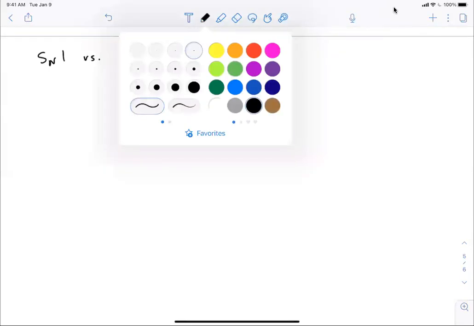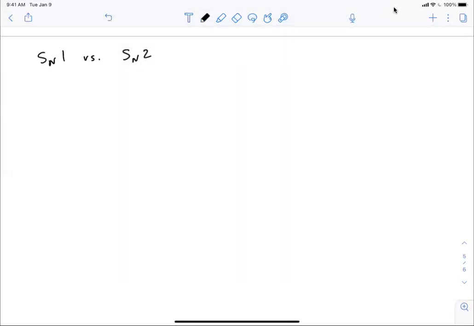Okay. So an SN2 reaction happens mostly with primary halogenoalkanes.